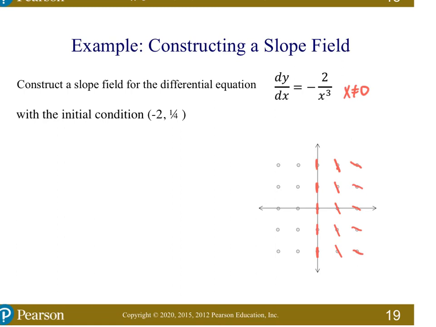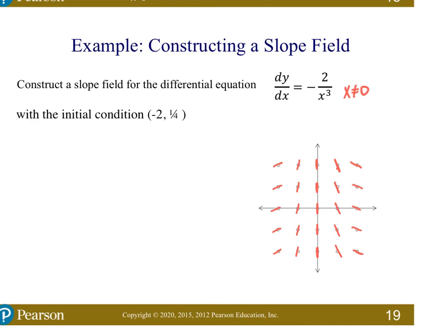On the left side of the asymptote, when I have negative values, when x is -1, all of the slope values will be +2. And then when x is -2, all of the slope values will be 2/8 or +1/4. All right, now our initial condition puts us at (-2, 1/4).